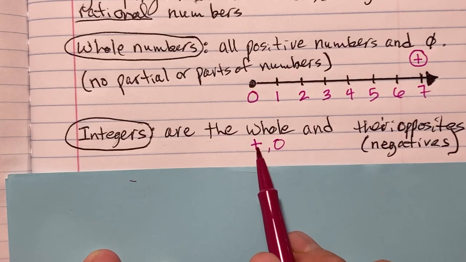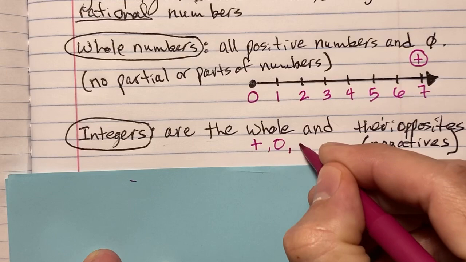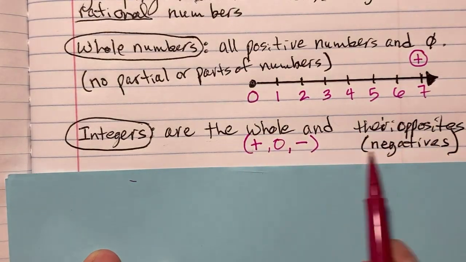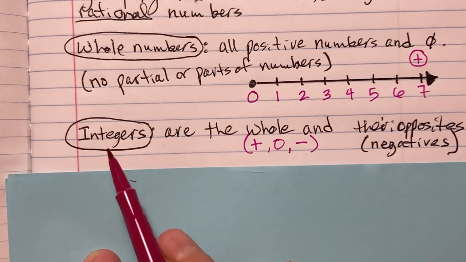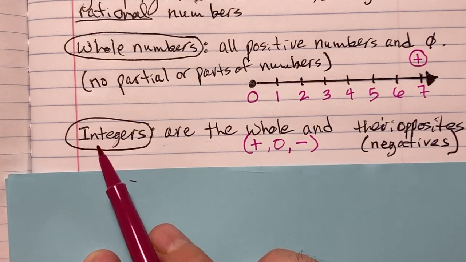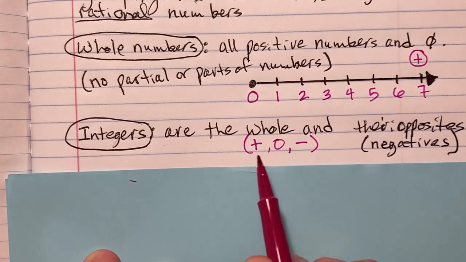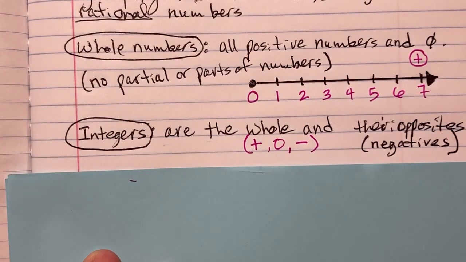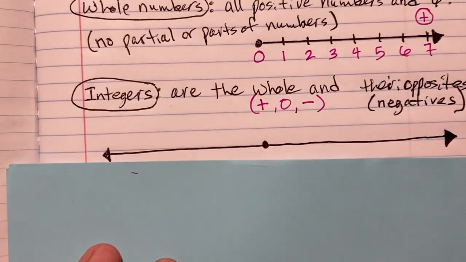We've got to think about that: what's the opposite of positive numbers? That's going to be negatives. So this classification of integers includes the whole numbers and also negatives, their opposites.